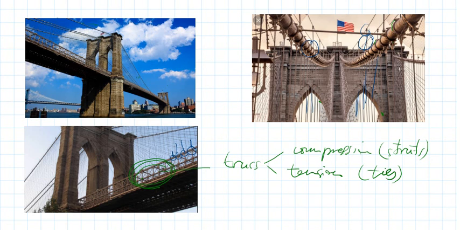Here you can see also the main cables. This is the main cable. And from the main cable, that is this one too, okay? These are the main cables. So you could say that this is the main cable, and these are suspenders.